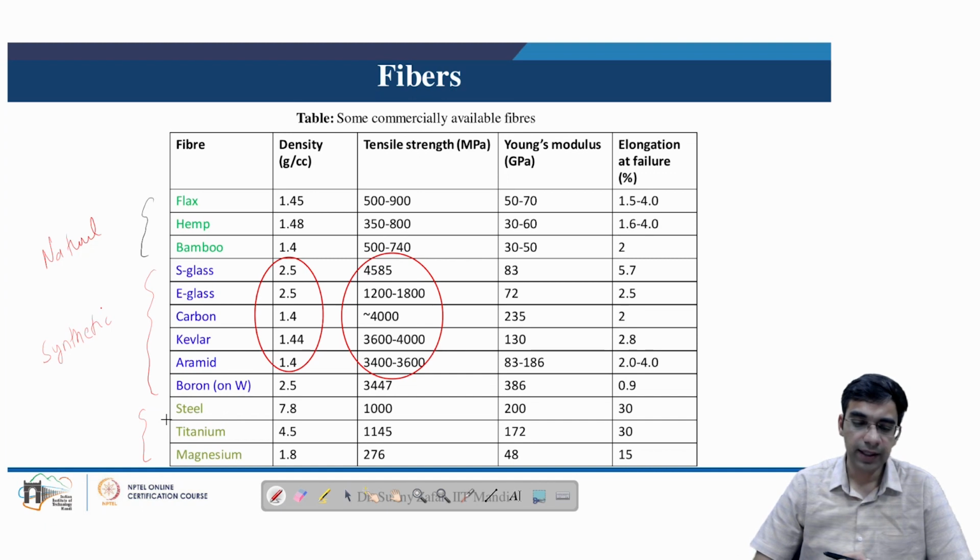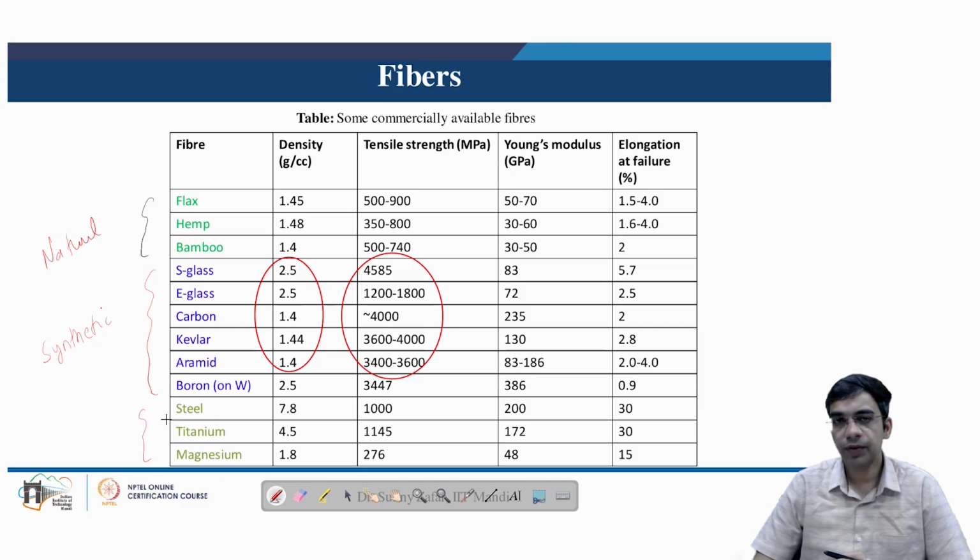So this is basically a comparison on some of the important properties like density. We will observe that some of the synthetic fibers, especially the carbon fiber or the glass fiber, have extremely low density compared to metals like titanium or maybe magnesium. And steel, of course, once we are comparing with steel, it is much less.